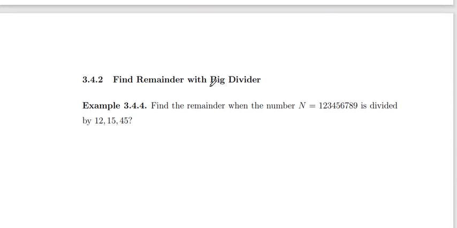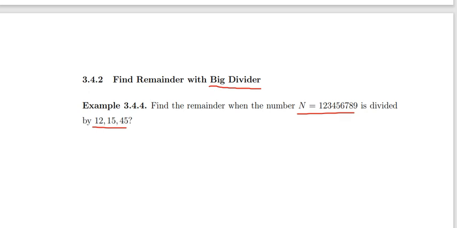Okay, so how about when the divider is big? So we want to find the remainder of this number divided by that number. When the divider is big, like let's say 12, 15, 45, these numbers are quite big.